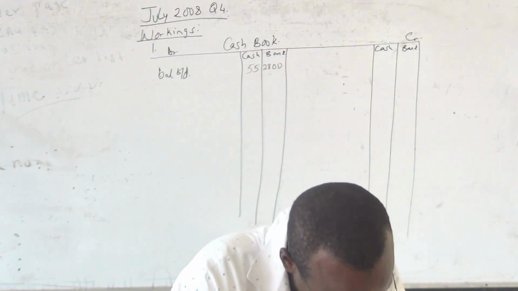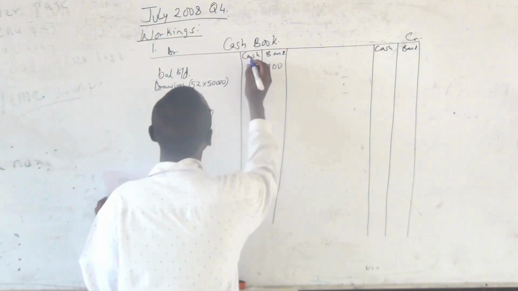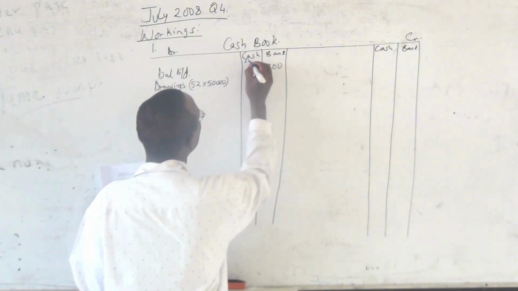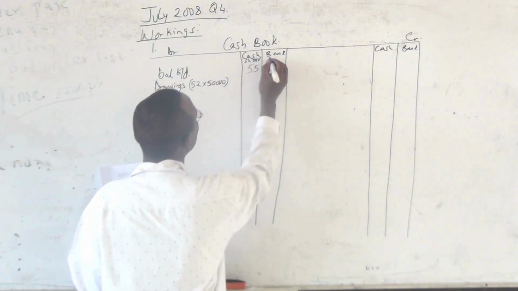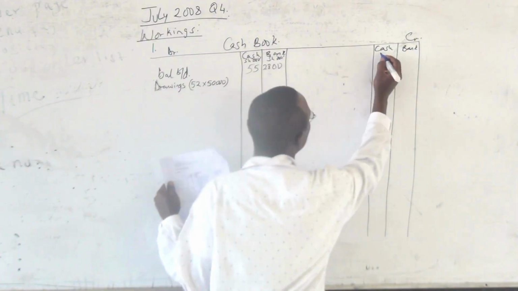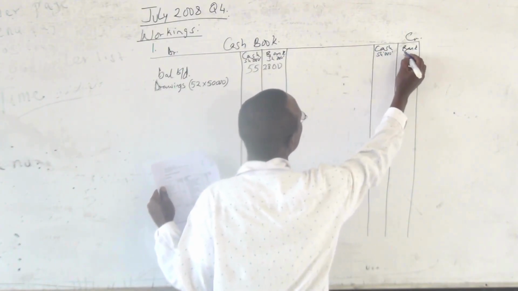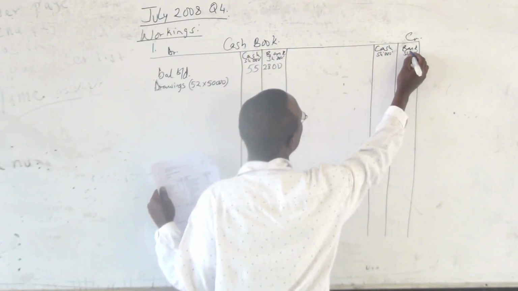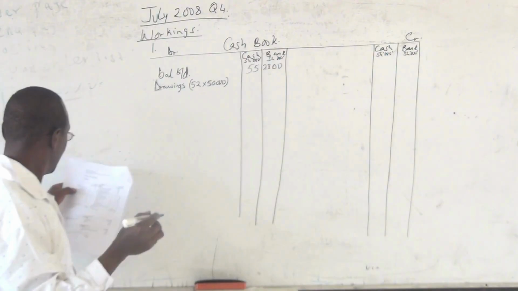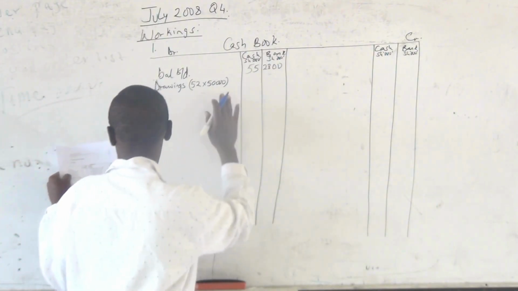That is the first thing that you can draw. Our figures are in shillings, 1,000. So our drawings are 2,600.